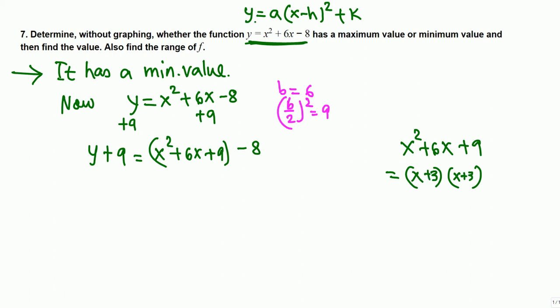We need to write in the standard form y equals, so the plus 9 should be moved to the right side, so subtract 9. Instead of adding 9 on both sides, we could have done just on the right side plus 9 and minus 9. So y equals (x plus 3) quantity squared, minus 8 minus 9, so minus 17.